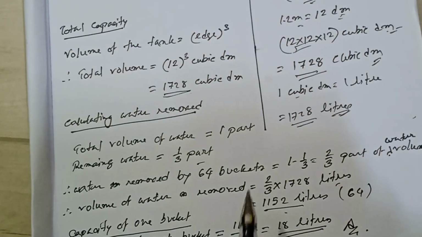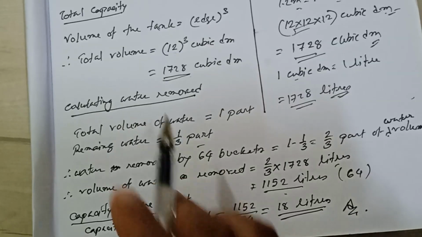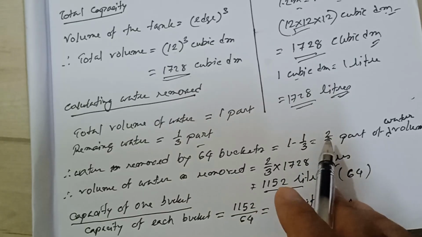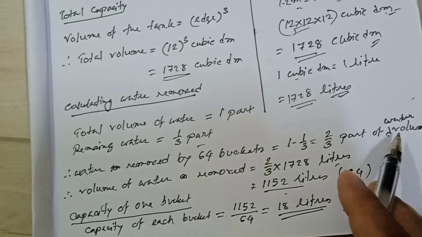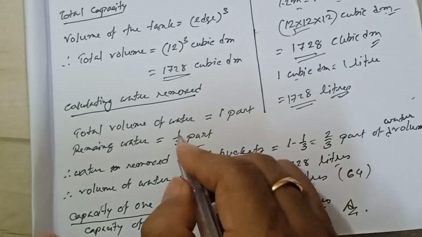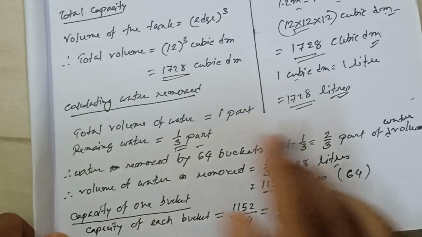So if the total water that can be held is 1728 liters, and 2/3 part of the water is removed using 64 buckets, because one third part remains, that means 2/3 part is removed.